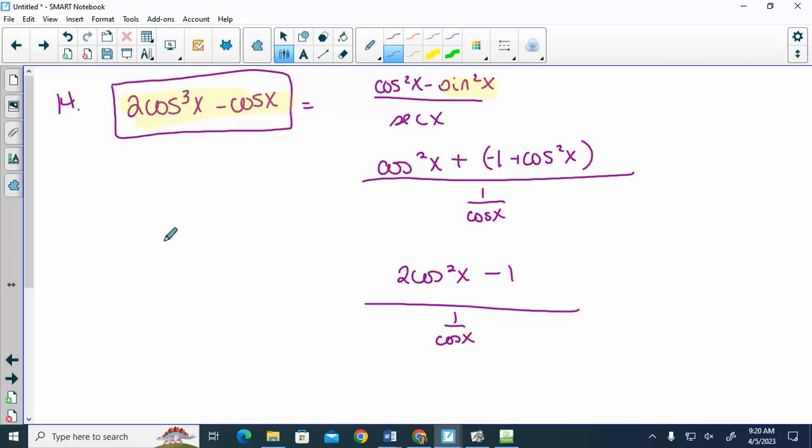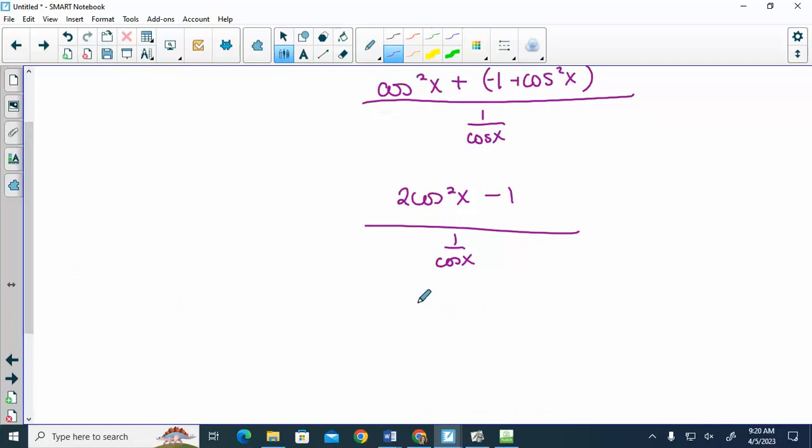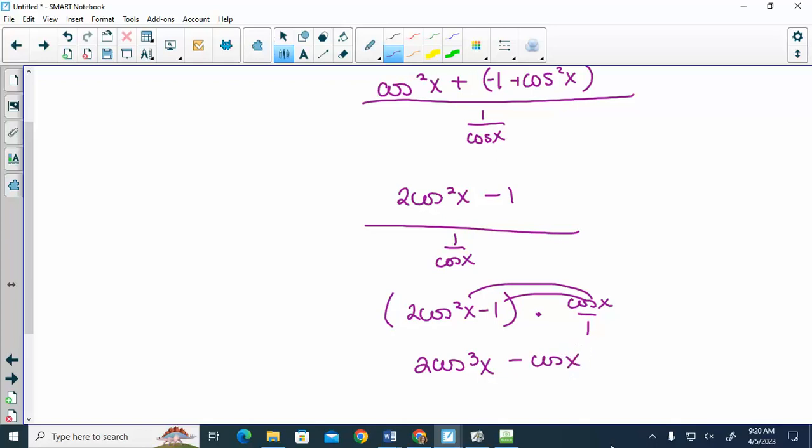How do you divide fractions? That's times cosine x over 1. So if we distribute, 2 cosine squared x times cosine x is 2 cosine cubed x. Minus 1 times cosine x is cosine x. And that was what we wanted.